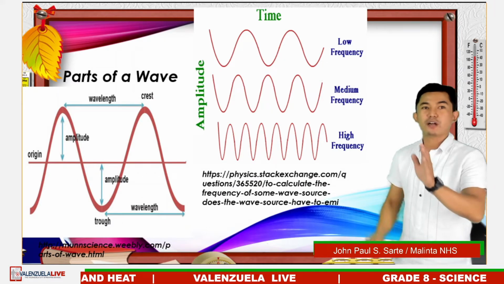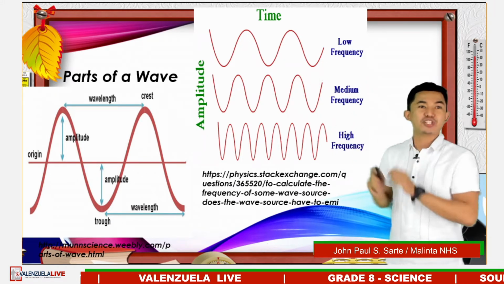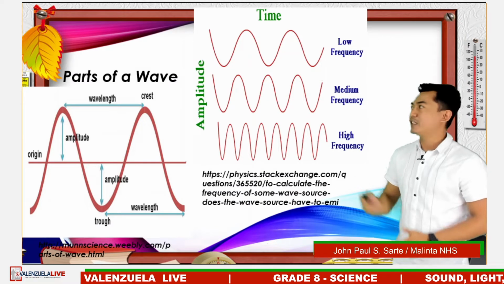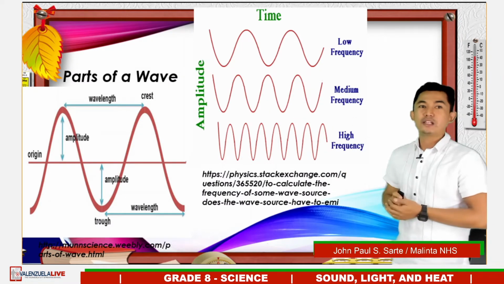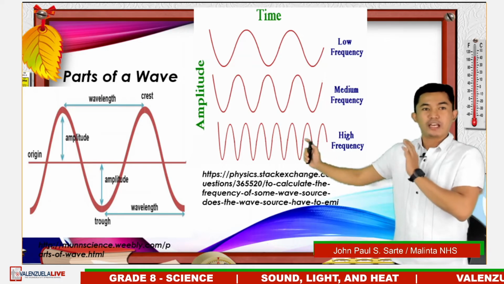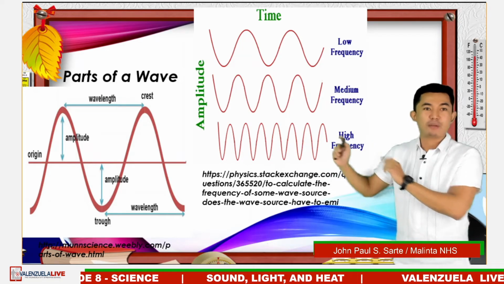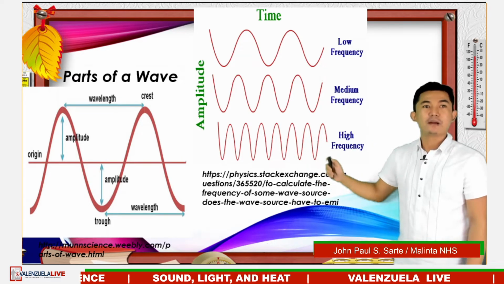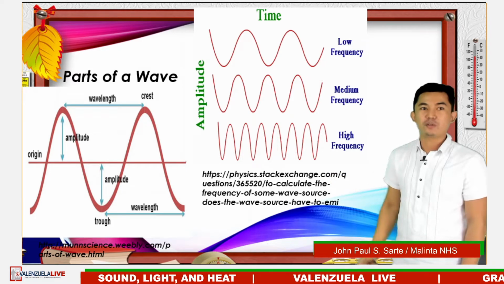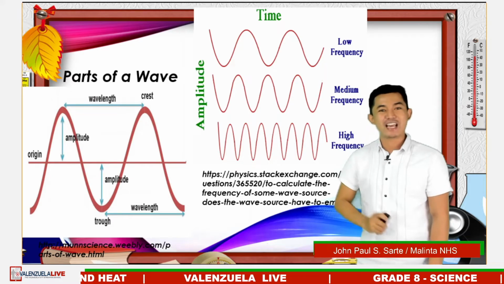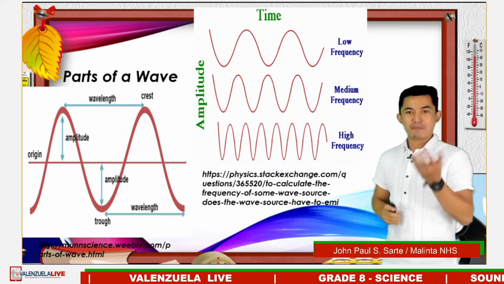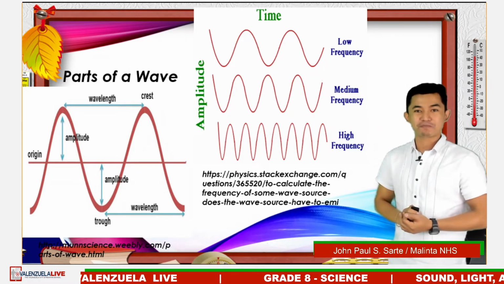Exactly. The waves are too far from each other, while the medium is slightly less far. While the high frequency has wavelengths that are too near. So this is the high frequency. And then we also have the time and amplitude. Now, can you differentiate the difference between the two?